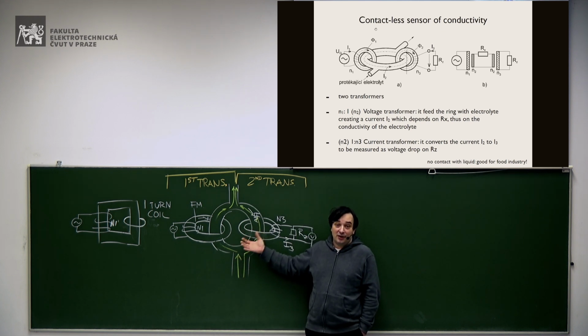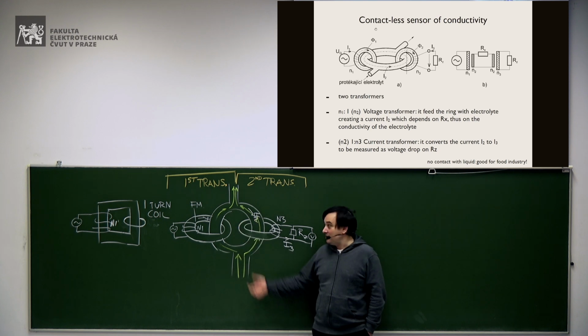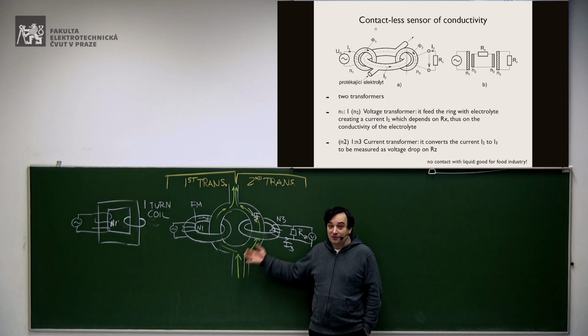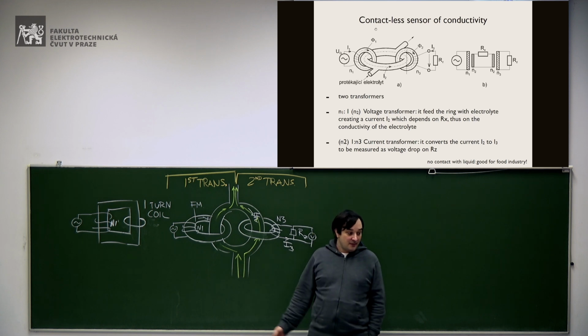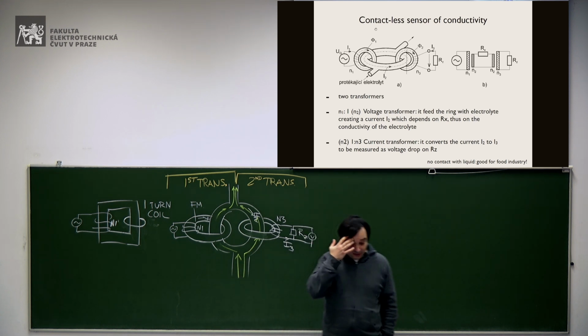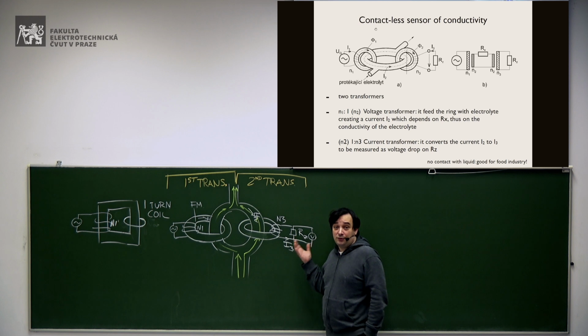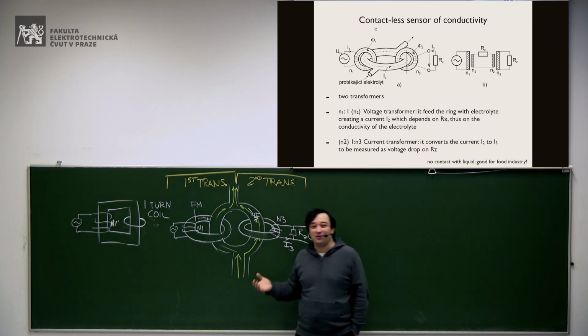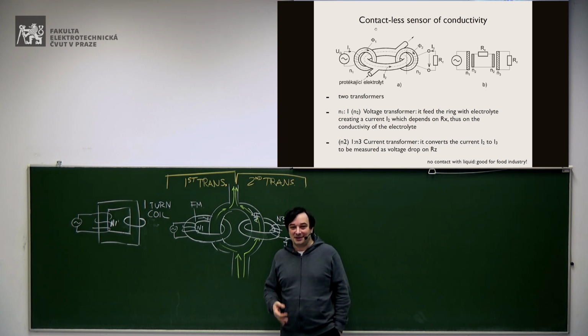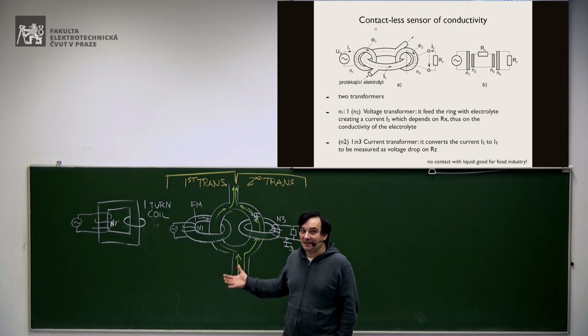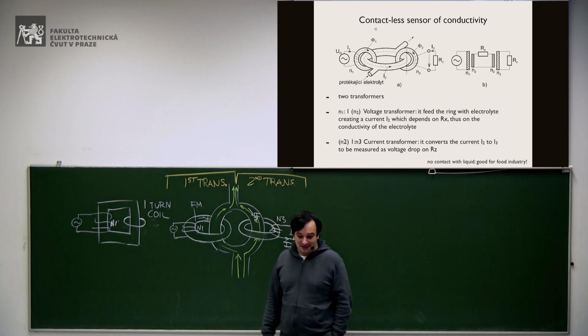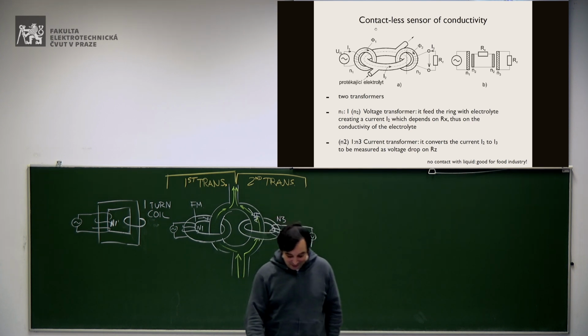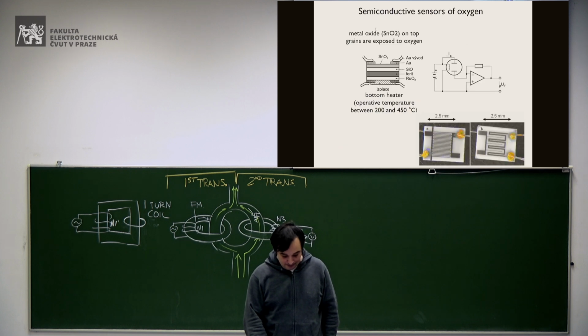So there is no electrode which touches this pipe. This pipe doesn't need to bring the liquid in contact with your electrodes. Everything is contactless, okay? So for instance, it's good for food industries because you really don't want to put some electrode in some material that eventually is food, so it goes in the mouth of your customers, okay?